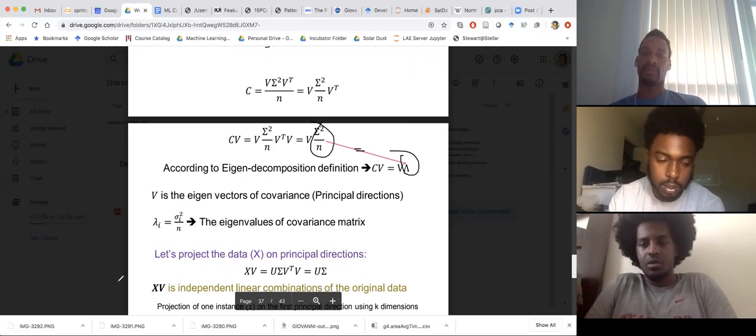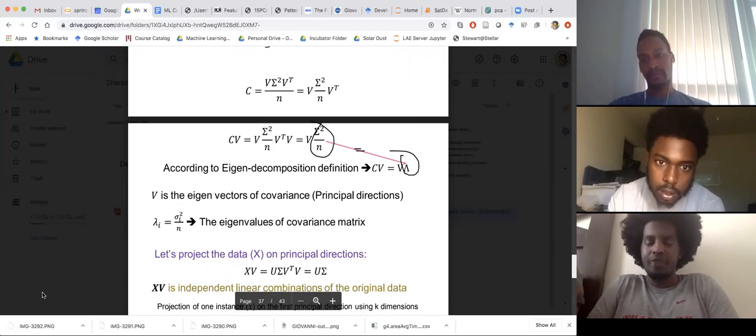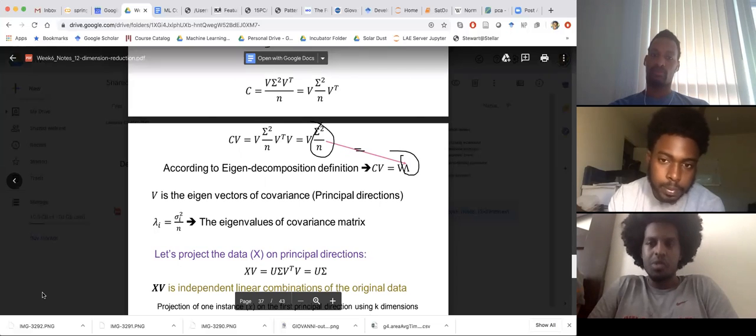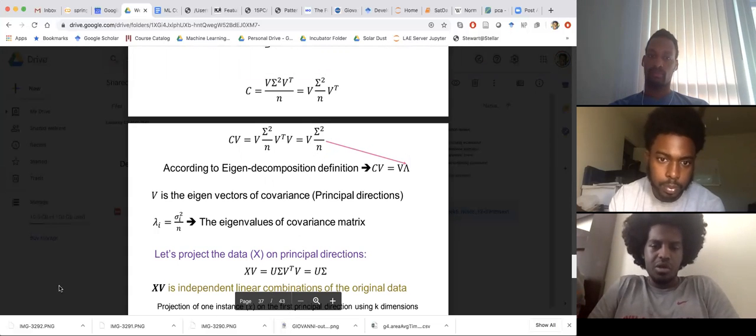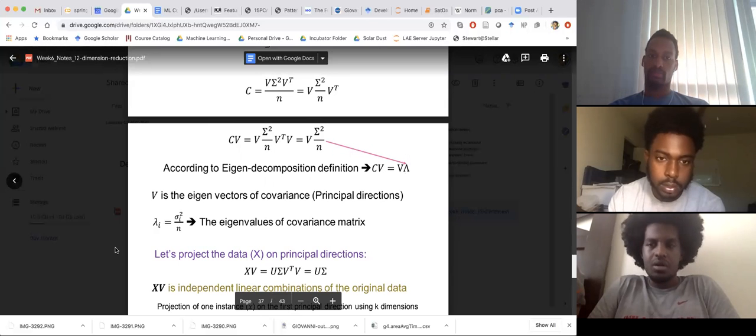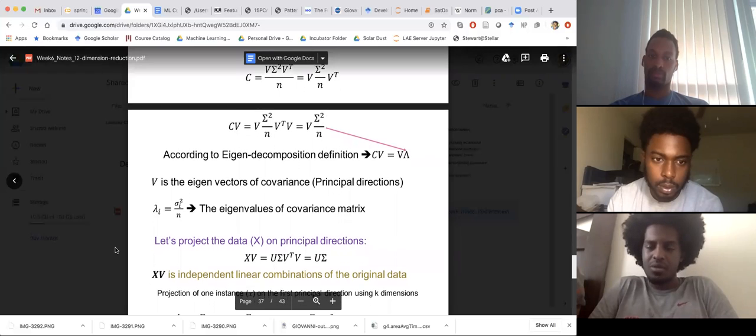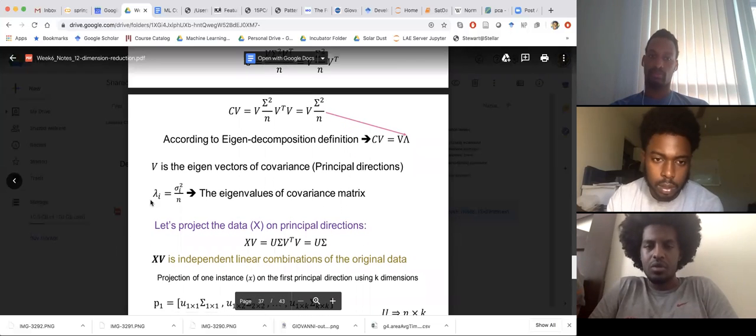It's basically all of the eigenvectors ordered by the magnitude of the original eigenvalues that we solved. So you're just constructing a matrix based on the lambdas, the eigenvalues that we ordered previously.